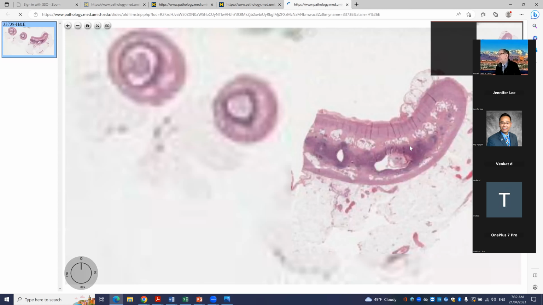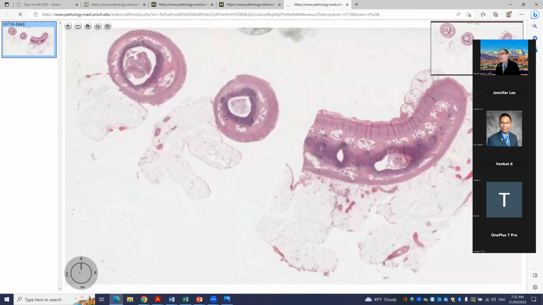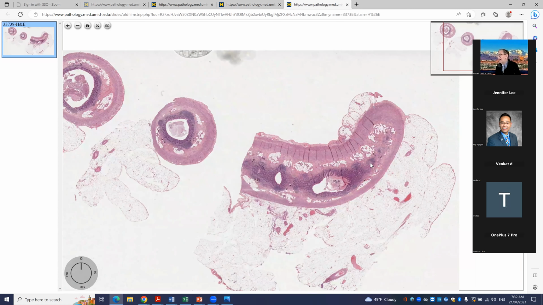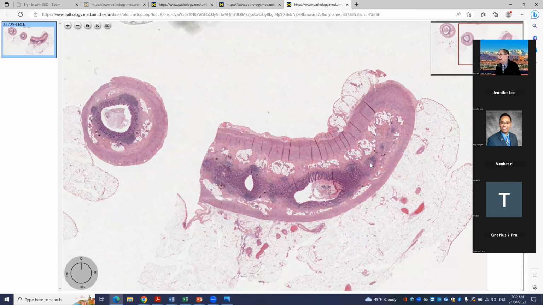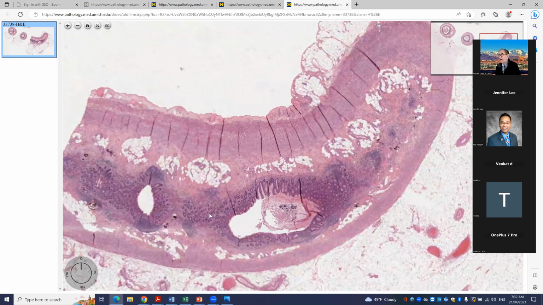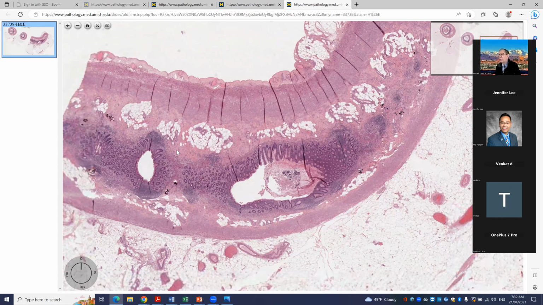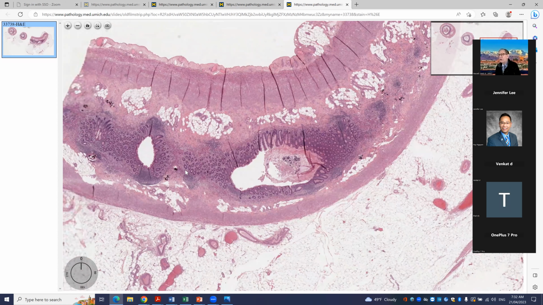And here again, we see the appendix, traditional 3 sections, proximal margin, mid portion, and distal tip. And not much in the way of dilatation of the lumen. But as we come into higher magnification, we can see that there are some things going on here in the submucosa areas.